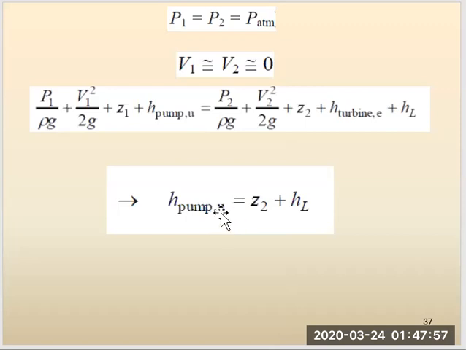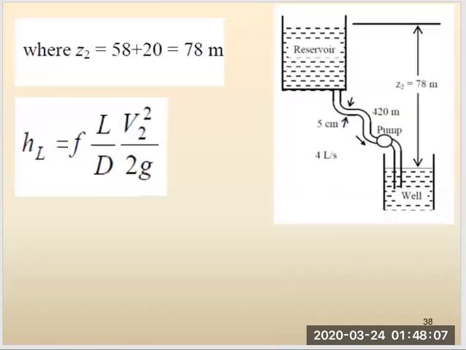If you want to calculate the required pumping power, we need to calculate the head loss. We already know Z2, because Z2 is 58 plus 20, which is equal to 78 meters.